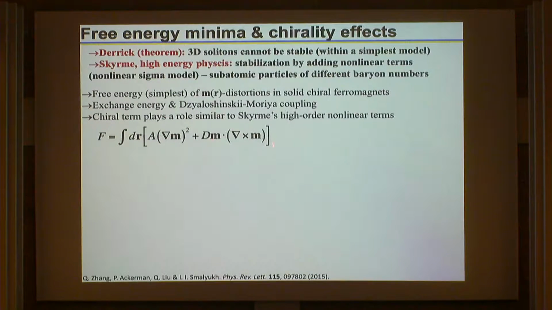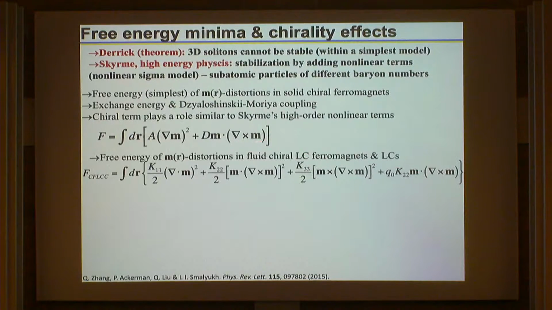So, for example, in the case of solid-state ferromagnets, in the simplest form, we can describe the Hamiltonian by the expression that you can see here, where we have the exchange energy term, and then another chiral term, right, that makes this system nonlinear, and in some way it plays a similar role to how the high order nonlinear terms in the nonlinear sigma model in high energy physics overcome the constraints of the Derrick theorem, right?